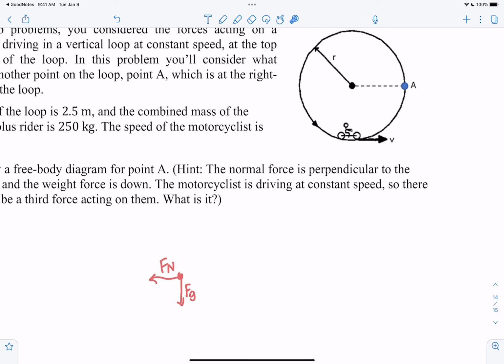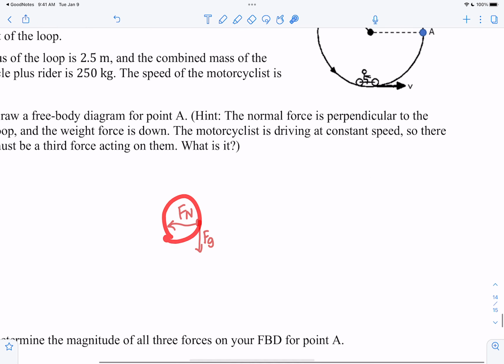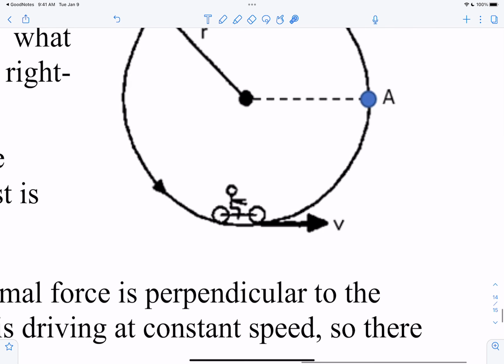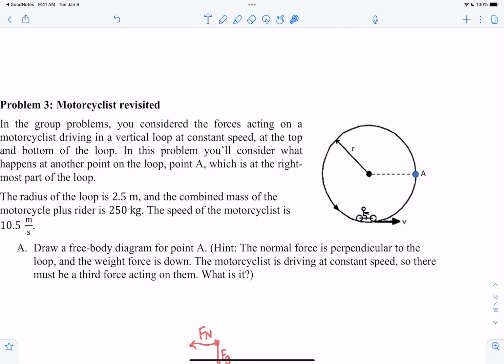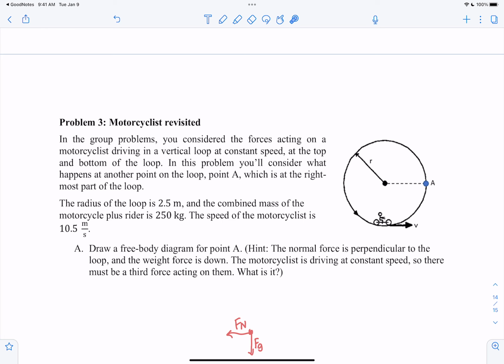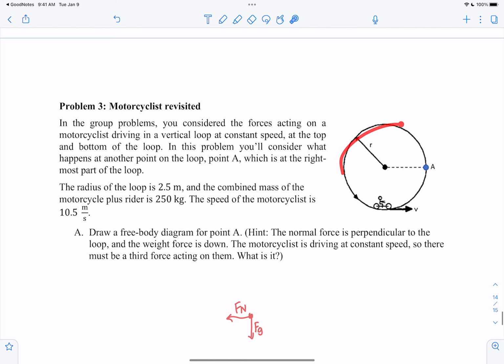That would be the net force in this case, that would help us continue moving in that circular path. So theoretically, this force should be normal force. Normal force is pointing directly towards the center of the circle, radially inward, and that should be the net force on your object that is keeping it moving in that circular motion.